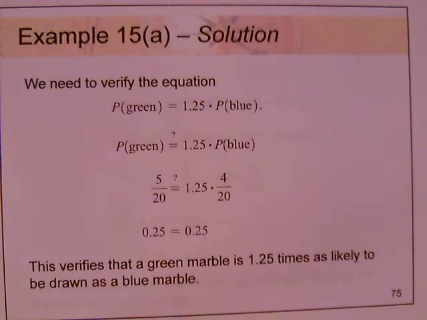Now the probability of getting a green is 5 out of 20, and then that should be equal to 1.25 times the probability of getting a blue, 4 out of 20. If you multiply 1.25 times 4 out of 20, you're going to get 0.25. And 5 over 20 would also be 0.25. So we verified that a green marble is 1.25 times as likely to be drawn as a blue marble.